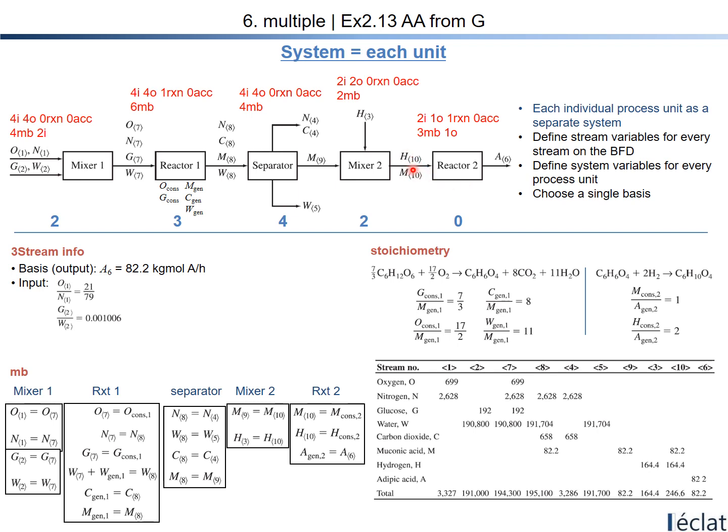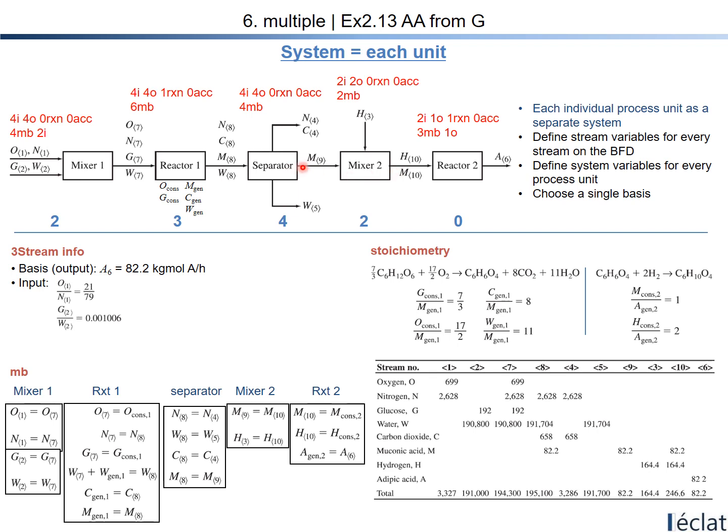Anyway, from the calculation about the reactor 2, we have got new information for the output stream of mixer 2. So we should add two more additional information. Then 4 minus 4 is going to 0. So you can solve all the values of the variables of mixer 2.